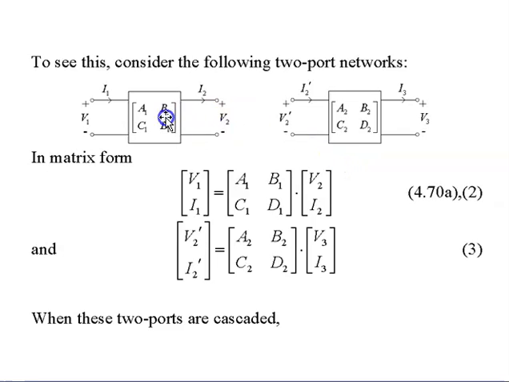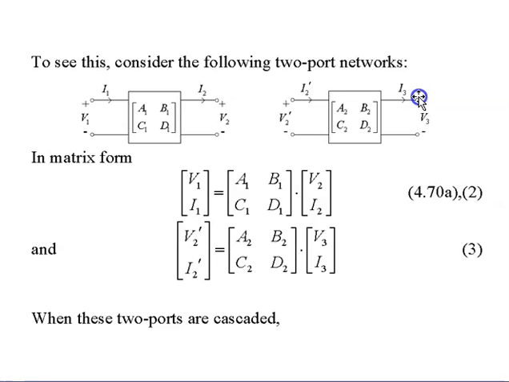The first one, the left figure, has V1, I1 at port 1, the matrix A1, B1, C1, D1, and at port 2, V2 and I2. In the second figure, you have V2 prime and I2 prime going into the ABCD matrix A2, B2, C2, D2, and finally at port 3, V3 and I3.